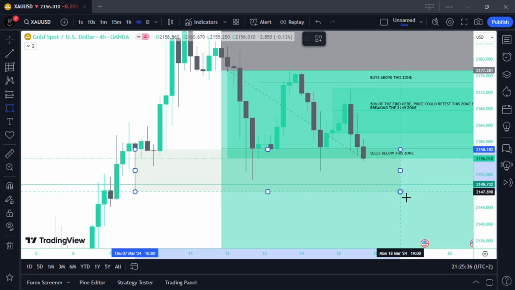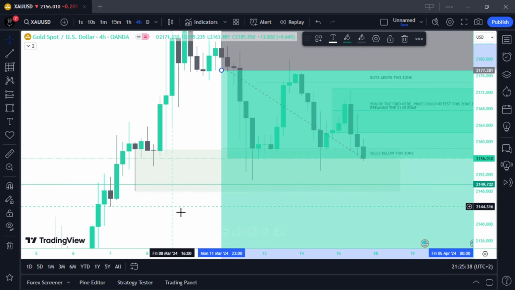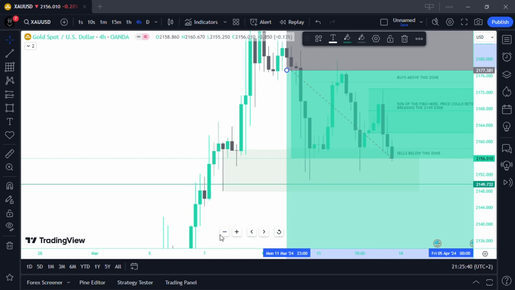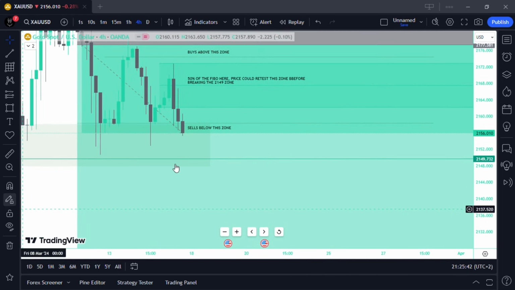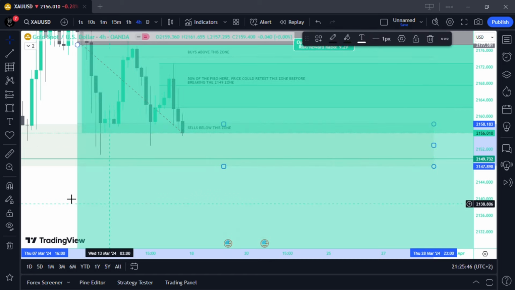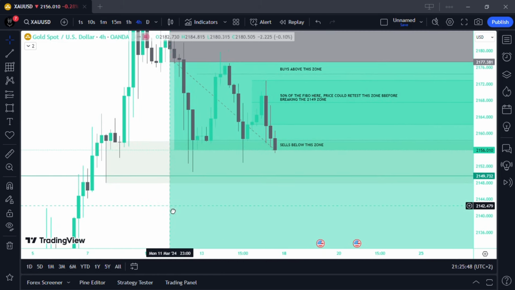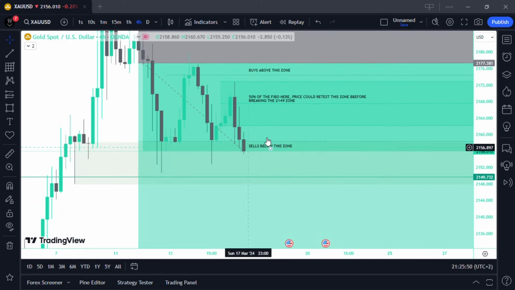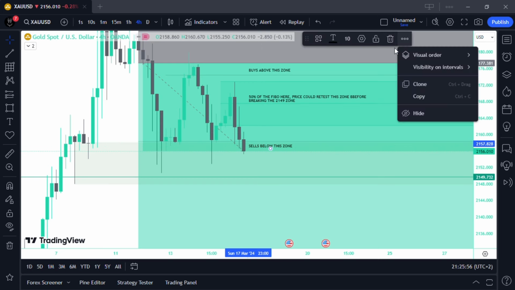We can look for sales and have our stop losses anywhere above the 2162 zone. So the 2162 zone can be our stop loss, and our sell entry positions can be anywhere from 2156 to the 2158 zone.